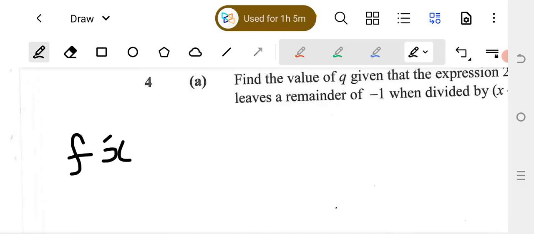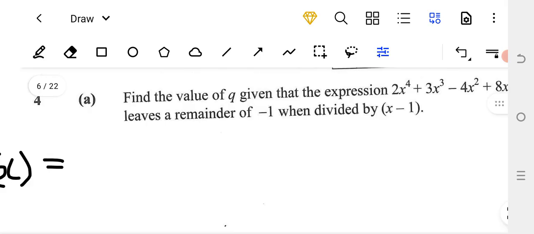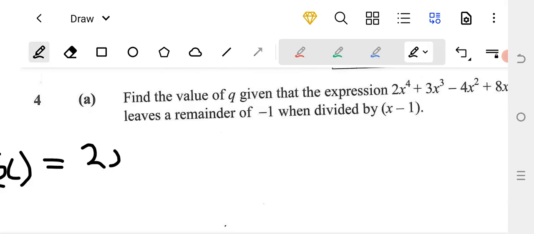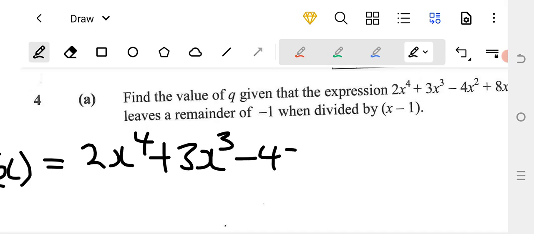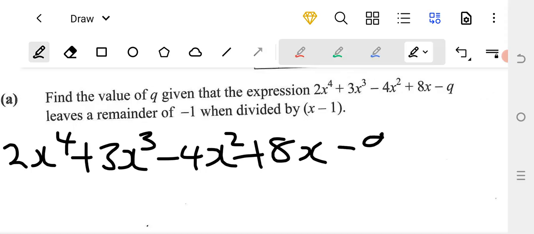f of x is equal to the expression that we were given in the question. So it's 2x to the power 4 plus 3x to the power 3 minus 4x squared plus 8x minus q.